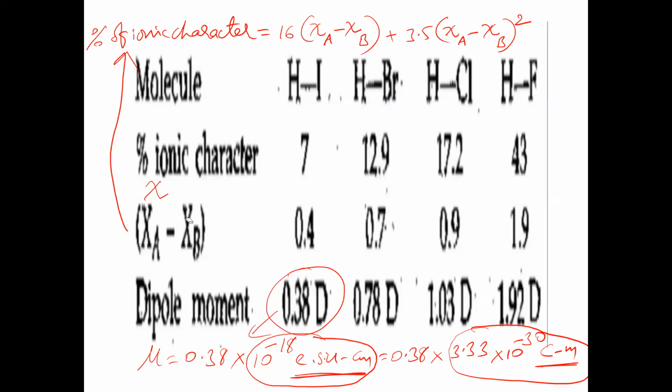Is that clear? So we substitute the chi A minus chi B value here, then we get the percentage of ionic character.